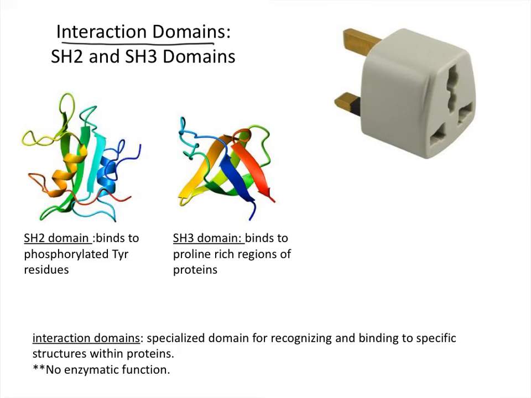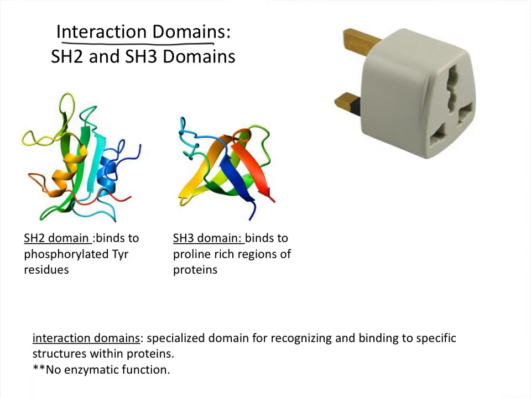Down here is the definition of interaction domain. So it's a specialized domain for recognizing and binding to specific structures within proteins. And again, an example of this is that interaction domain would be part of an adaptor protein. I want to emphasize again that they have no enzymatic function. They're just going to bring together different proteins.